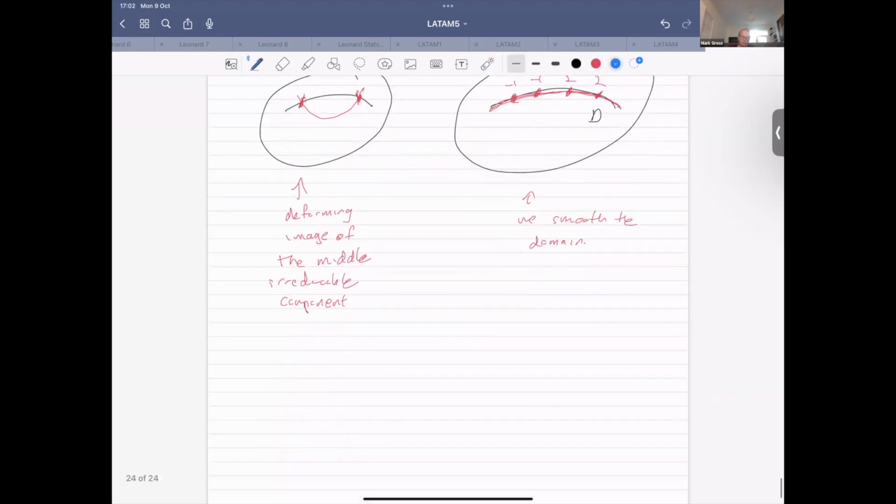So, in fact, the moduli space of such curves is singular for combinatorial reasons, really.